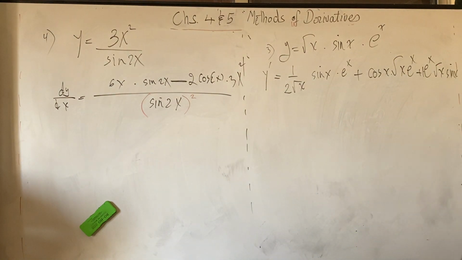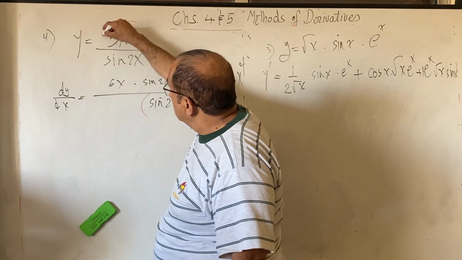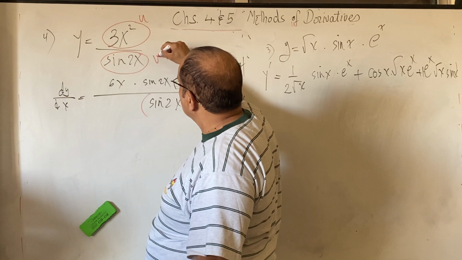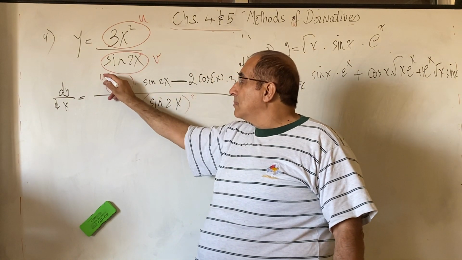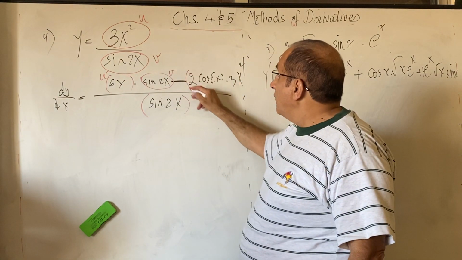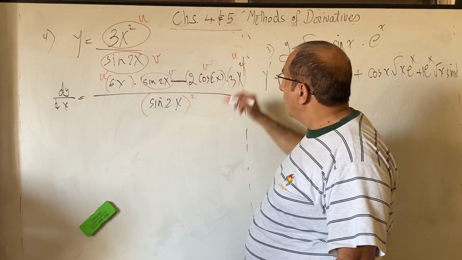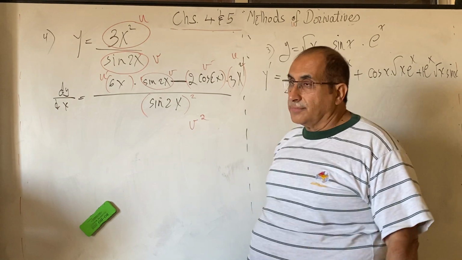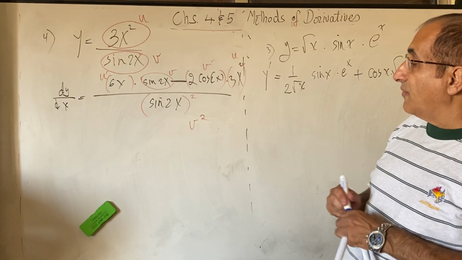Alright, gentlemen? So simply, if I call this u, and if I call the denominator v, it is the derivative of the top times the second, minus the derivative of the denominator or the second times the top. And don't forget, the denominator was called v, so v squared. Some people like to have it simplified.